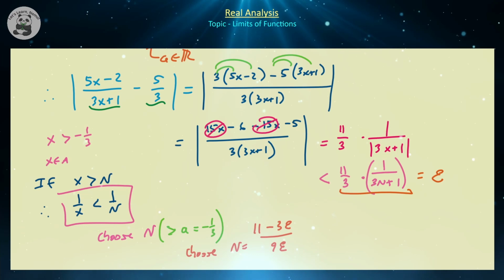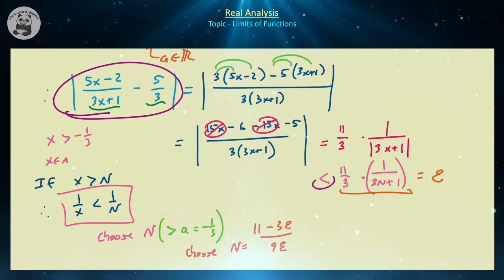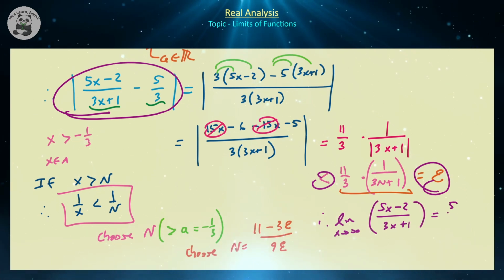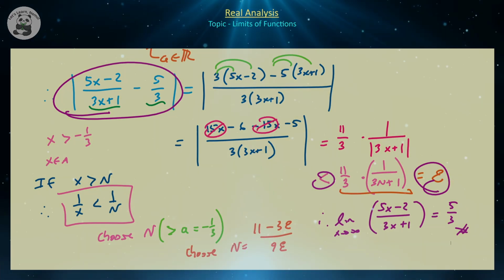So we have the distance between this and epsilon is arbitrarily close. Therefore, we have formally proven that the limit as x approaches infinity of (5x minus 2) over (3x plus 1) is equal to 5/3. And that's how you can prove limits for infinity, and similarly done for minus infinity limits.